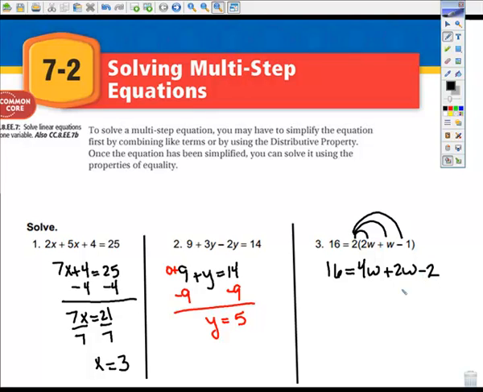You have to understand that it's a negative 2 for the term, but we put it down as a subtract 2. Now we'll combine the like terms. 4w plus 2w is 6w minus 2. We have to eliminate the subtraction, so we will add 2. So 18 equals 6w. Divide by the 6, and 3 equals w.